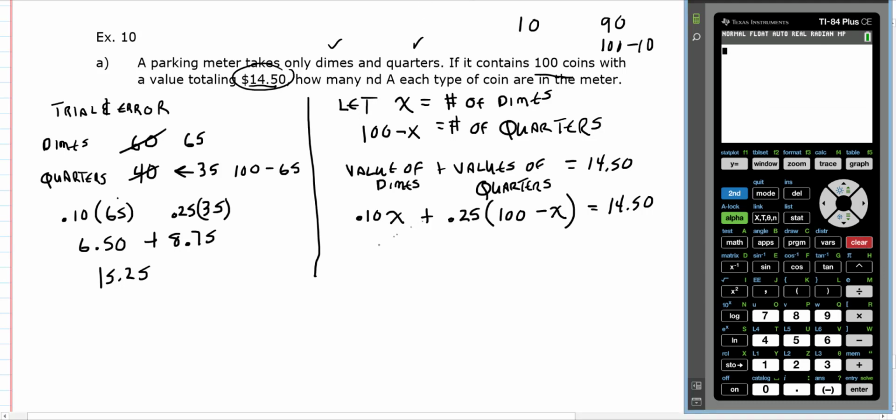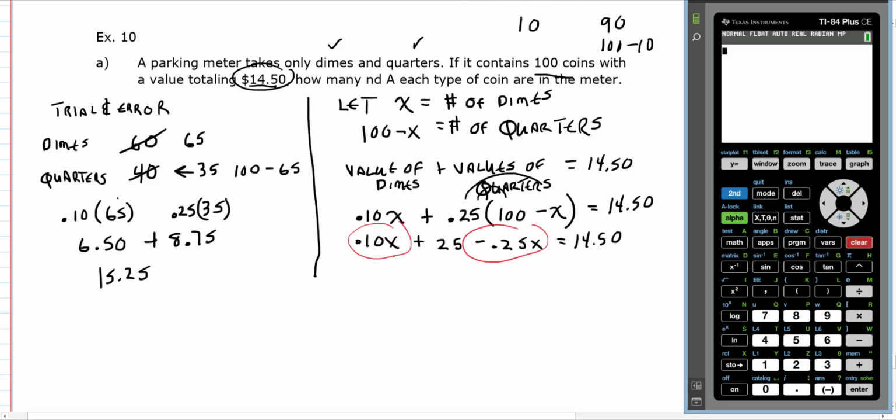So what we do now is solve the equation. So that's 0.10x. You can do a distributive property. 0.25 times 100 is 25. And then I would have minus 0.25x is equal to $14.50. You have like terms. So these two things right here are like terms, so put them together.